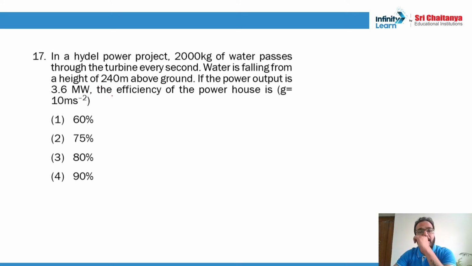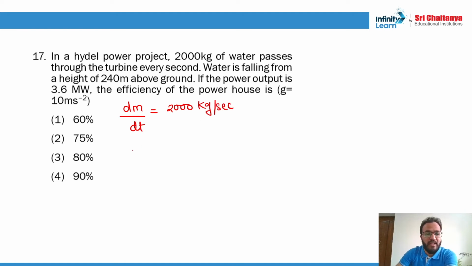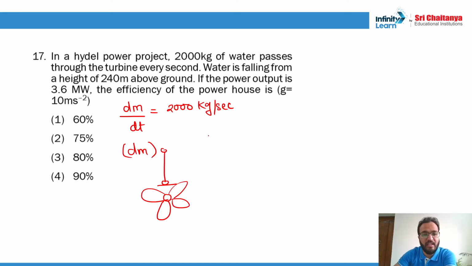In a hydel power project, 2000 kg of water passes. See, so they have given dm by dt. This is 2000 kg per second. Now, when this water, let's say dm amount of water, comes and falls on the ground and rotates the turbine, what is the energy that it has?